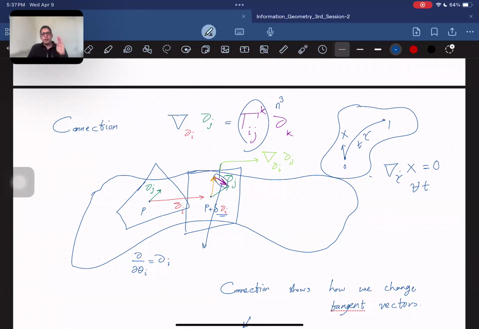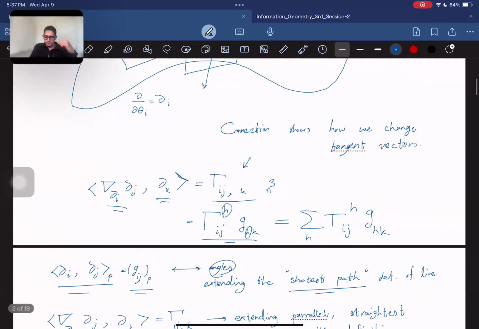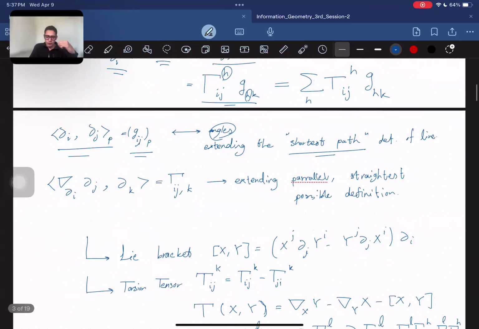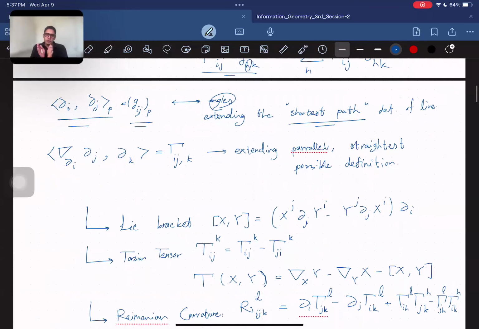So it's like a parallel transport of x with respect to the geodesic, with respect to the curve gamma here. So we already extended the two ways of thinking about geometry. One is considering a line as the shortest path, and another is considering lines in Euclidean geometry as the straightest possible way of getting from one point to the other.